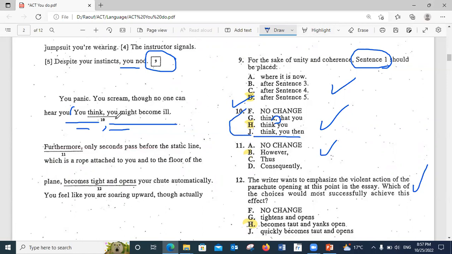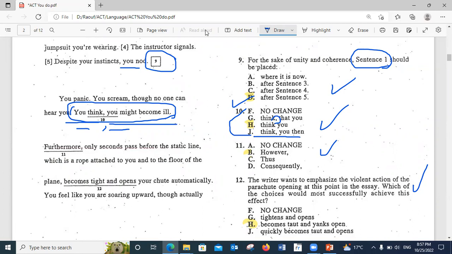I didn't change anything, I just added one more word. You think you might become ill is one sentence, which doesn't need any separator. We don't have to use any comma here. That's why the correct answer for 10 is H.